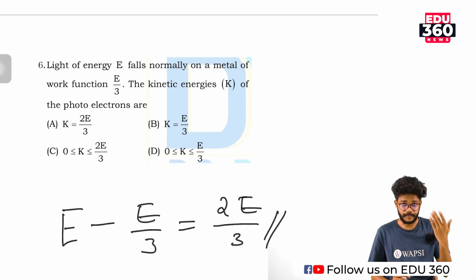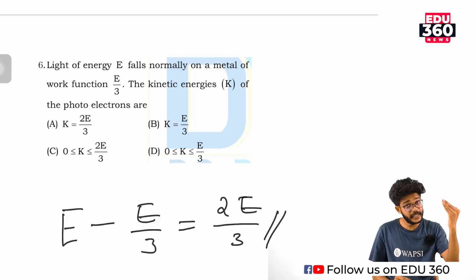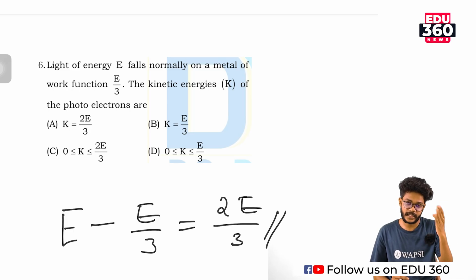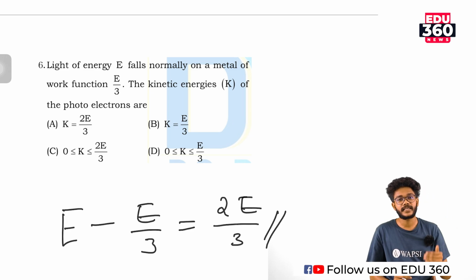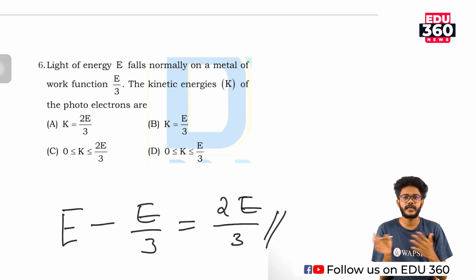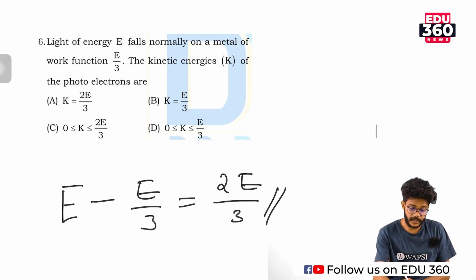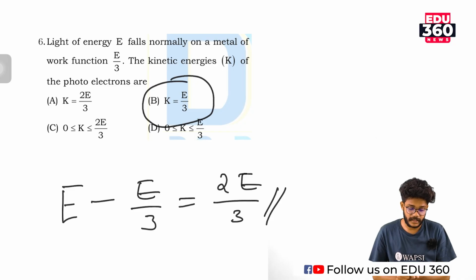But if a collision occurs, or if another particle interferes, the energy can decrease. So there are particles with 2E by 3 and also other particles which have energy lesser than 2E by 3 due to some unwanted collisions or other interference. Some person can think K is equal to E by 3, but it is wrong.